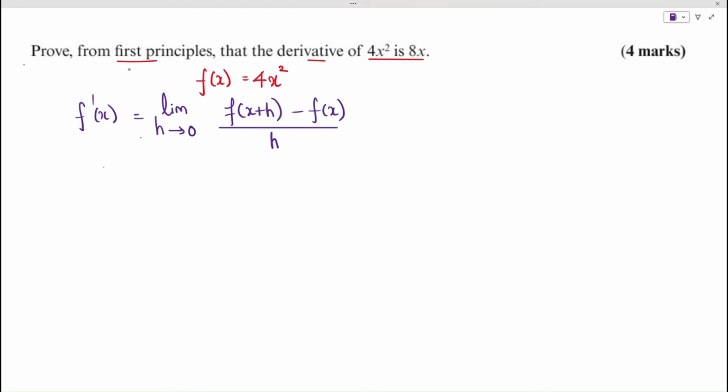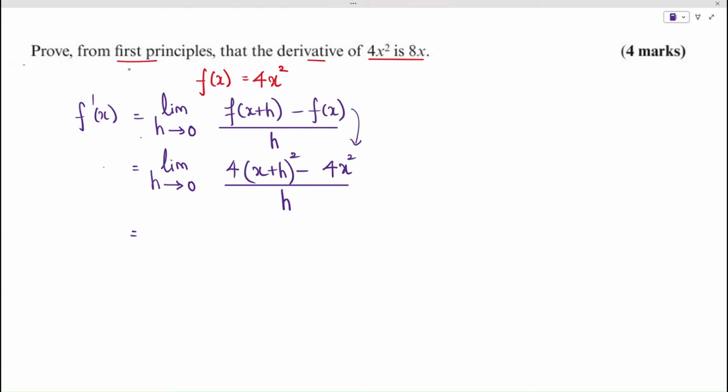So we'll now substitute our value of 4x squared in as our function. So as lim of h tends to 0, 4 times x plus h the whole squared minus 4x squared. So the values in our function just get substituted in, and this is all over h.